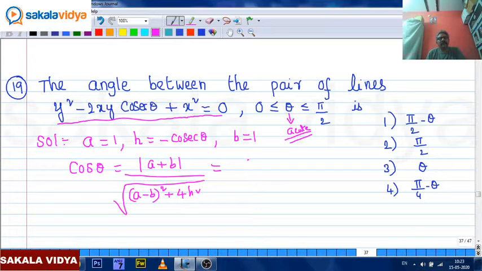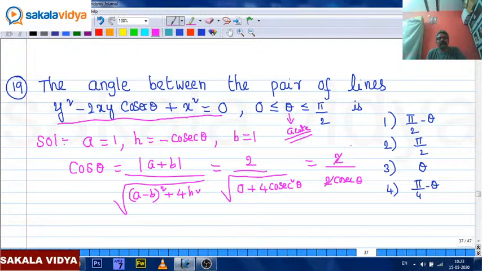This is 2, a plus b is 2 mod, a minus b 0, plus 4h square, 4 cosecant square theta. Since theta lies in the first quadrant, the square root of 4 cosecant square theta is positive only, so you need to take 2 by 2 cosecant theta.